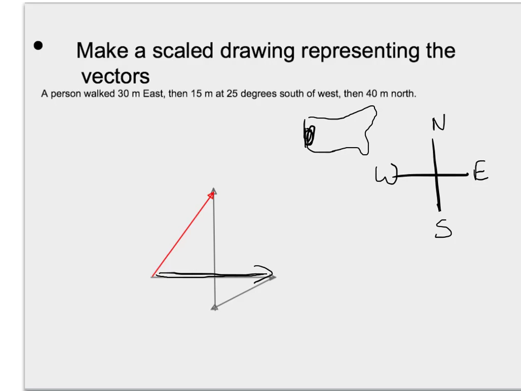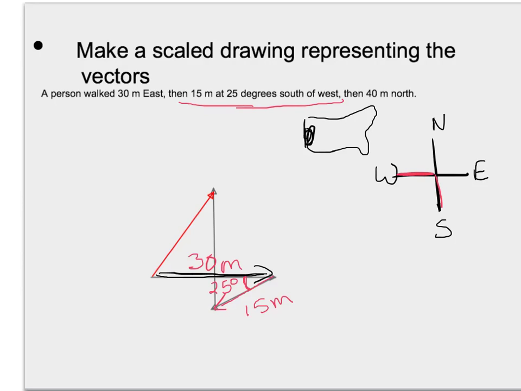There's your west, and then we're going to go 25 degrees for 15 meters, 25 degrees south of west. So this one should be half as long as our 30 meter. So 30 meters east, and then this is 15 meters, and it's at 25 degrees, so it's below the horizontal, and it's south.